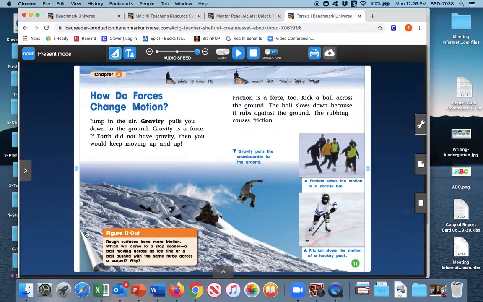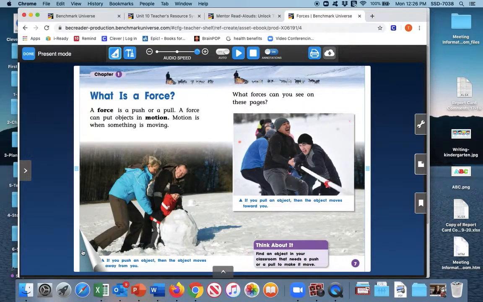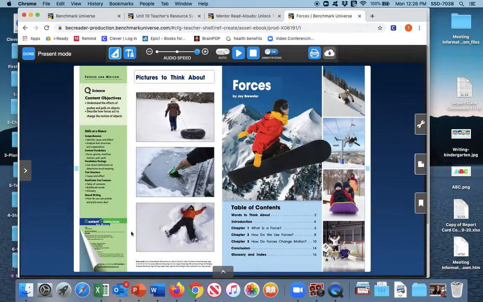We can just look at the table of contents at the beginning, find the chapter we're interested in. For instance, how do forces change motion is on page 10. So I can just quickly turn to page 10 and I will be on that chapter. So the text features, this information, is helpful in helping us to get to the areas that we want to learn about.